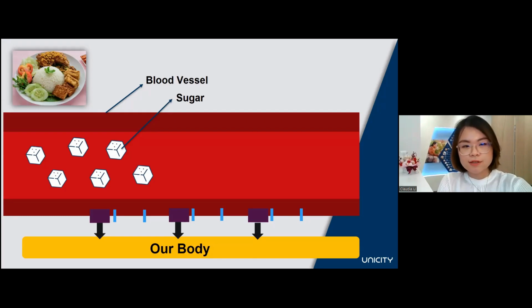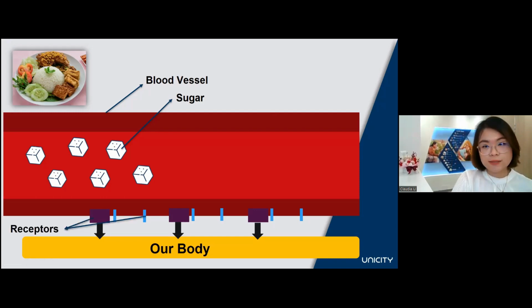All these strange things that you're seeing at the bottom of this blood vessel are what we call receptors. They're different receptor sites that are there for a reason, and we will go into it shortly. It also reflects how sugar would then eventually enter into our cells and then our body.